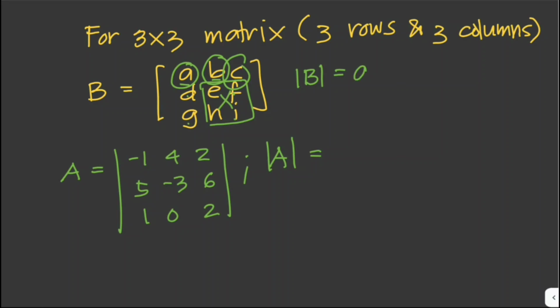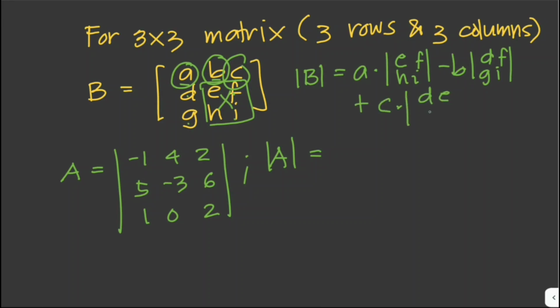A times EFHI minus B times DFGI plus C times DEGH. All right, so let's apply this method.